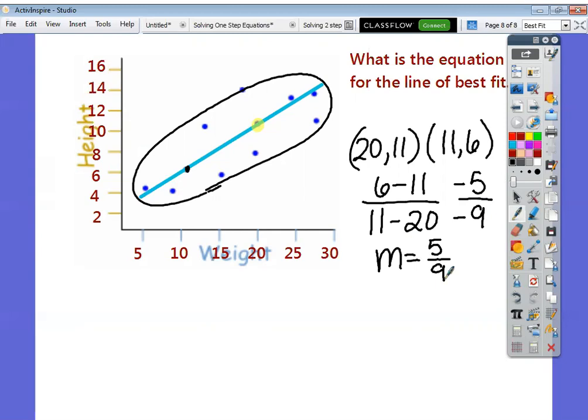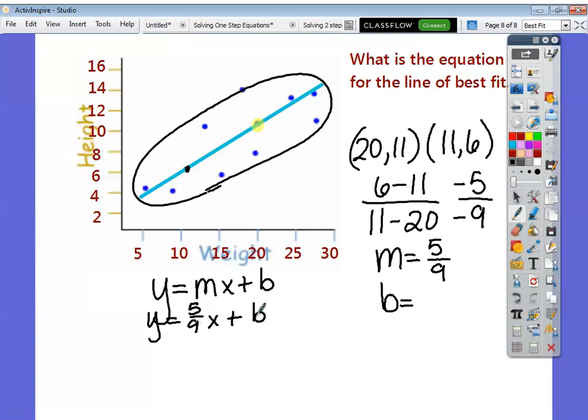Next, we're going to find the y-intercept. We're going to use our equation, y equals mx plus b. My slope is 5/9, so y equals 5/9 x plus b, and I'm going to plug in my x and my y. I'm going to pick this one right here.